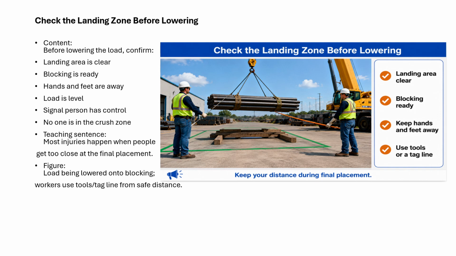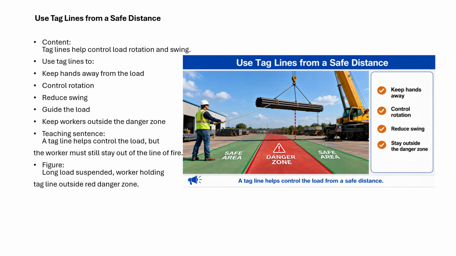The load is being lowered onto the blocking. Here is the blocking, the wood block. Workers use the tool. Here is the tagline from a safe distance. Use taglines from a safe distance.